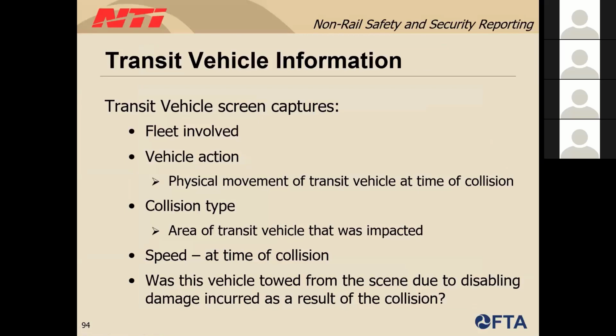The form captures the information about the revenue vehicle. First is the vehicle fleet information, the vehicle action at the time of the collision, the collision type, which is the part of the transit vehicle that was impacted, the speed at the time of the collision, and a question asking if the vehicle was towed due to disabling damage.